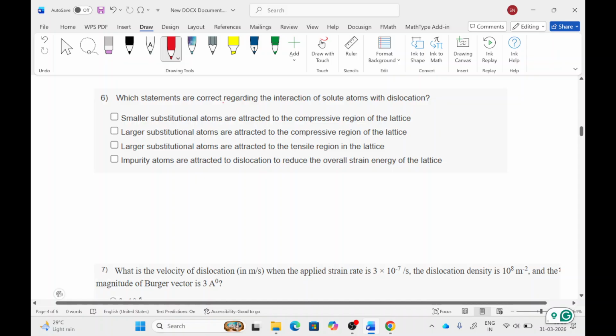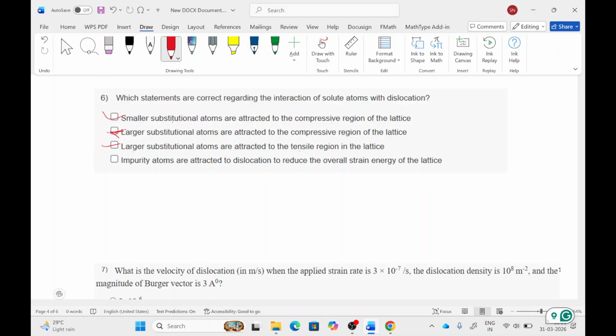Next question is, which statements are correct regarding the interaction of solute atoms with dislocations? Yeah, one and three are correct. Sorry. Smaller atoms will sit in the compressive region and larger atoms will be attracted to the tensile region of the lattice. And this fourth option is also correct.